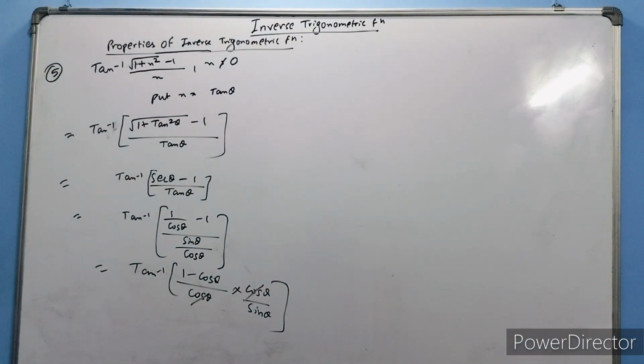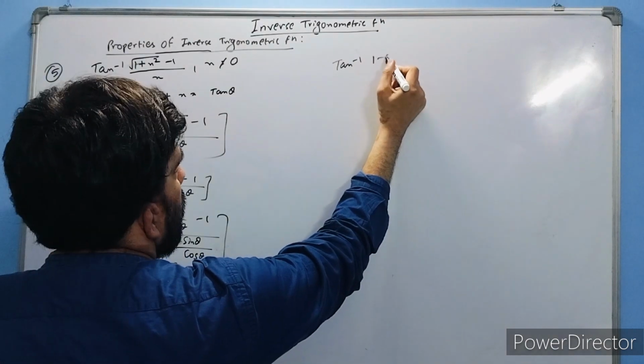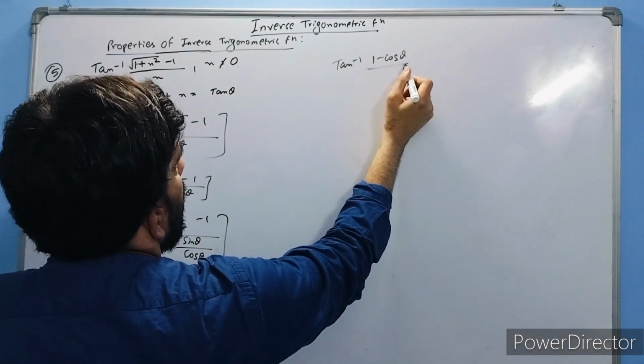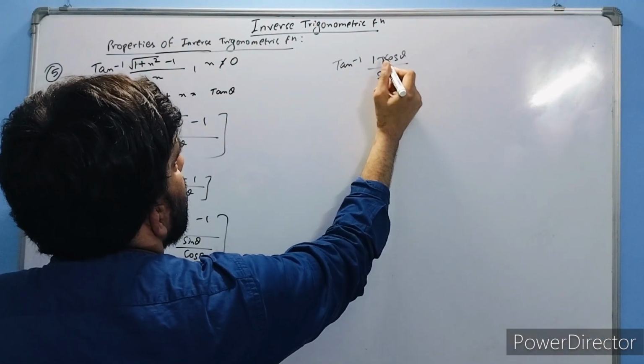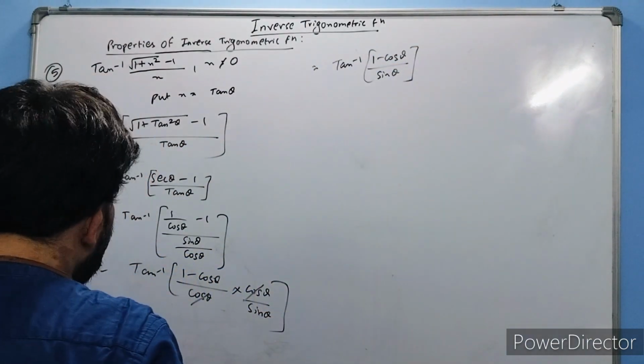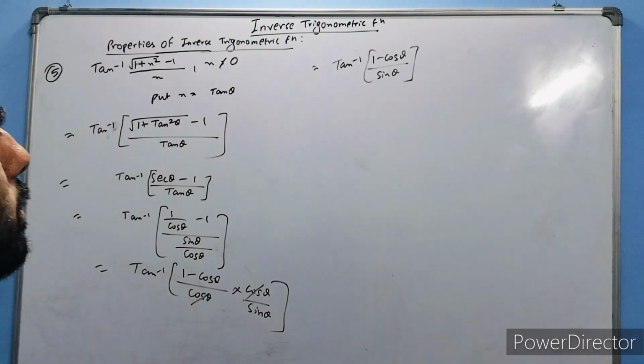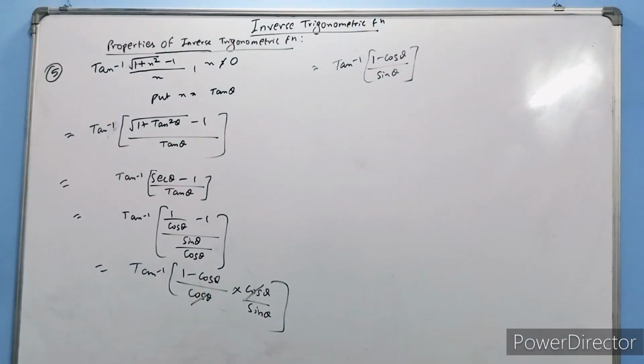So now I have here tan inverse of 1 minus cos theta upon sin theta.